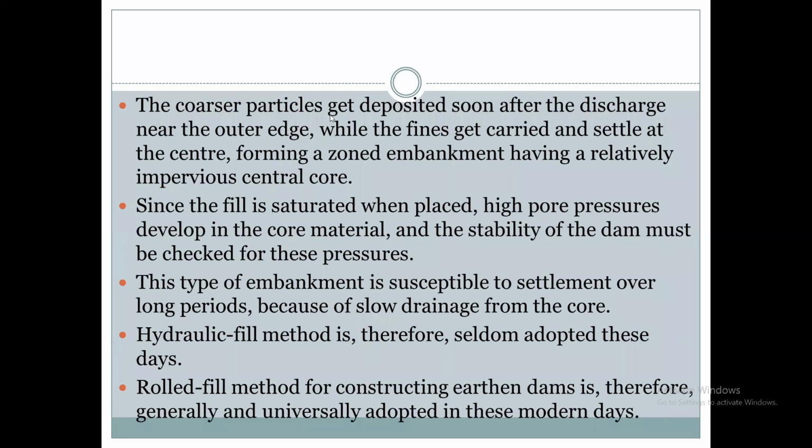Coarse materials get deposited soon after discharge near the outer edge. The outer layer is laid first. After that, the inner core is filled with the help of flume, and fine soil gets deposited in the central portion, while the coarser particles are deposited in the outer portion.